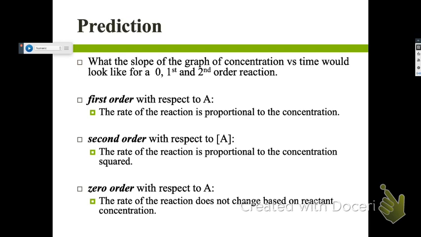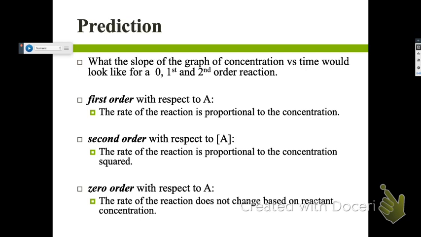So what is that graph going to look like? It needs to be like a little bump. Remember, the slope is the tangent to the line at any point in time. As we get lower and lower in concentration, we have a lower and lower slope, closer to flat.